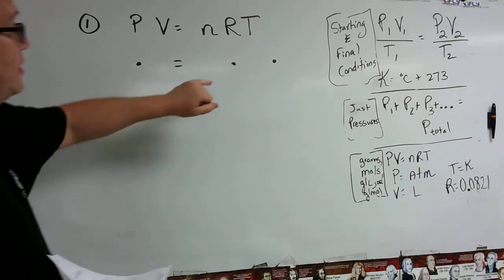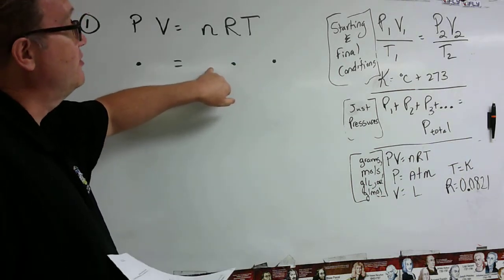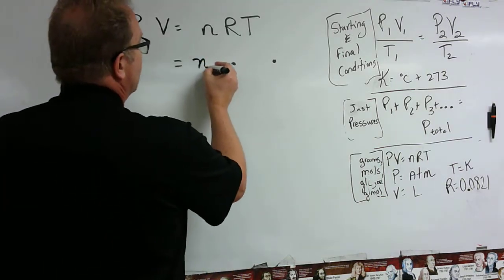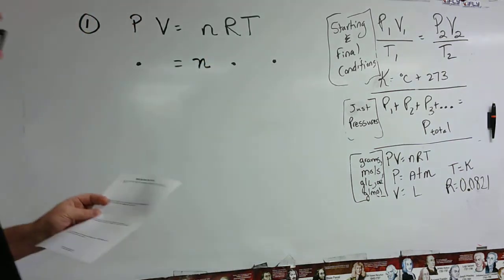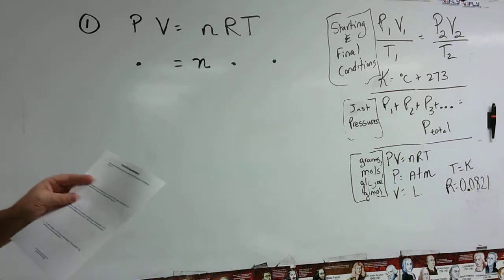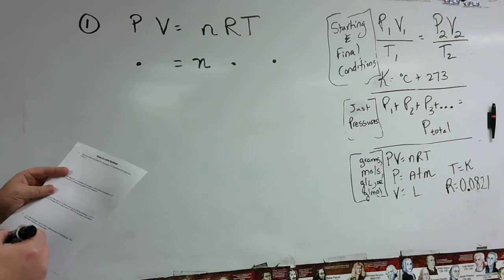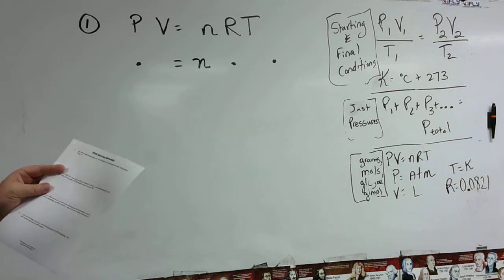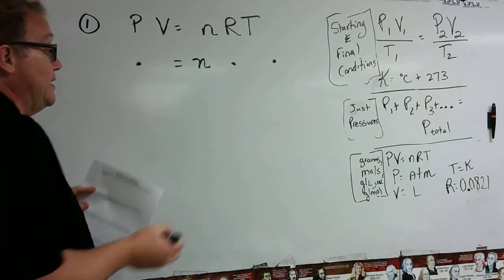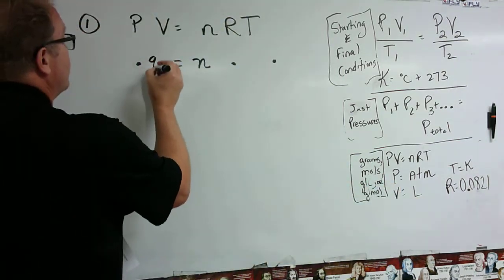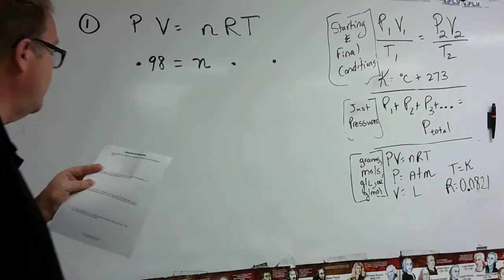So if I'm finding the moles, this is my number of moles, which will be n, because that's what it's asking for. Then I go one by one and put the numbers in, as long as they're in the correct unit. So I've got 98 liters. You know liters are good, so we're going to put 98 in here.